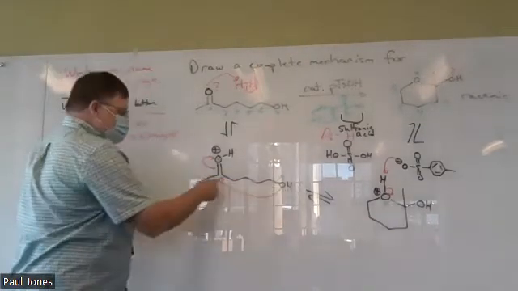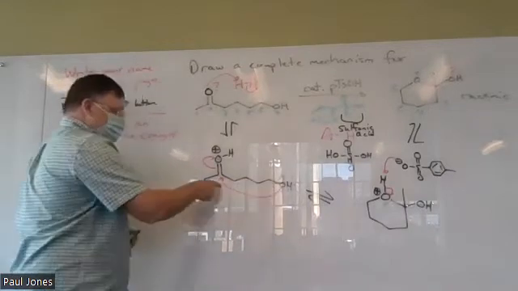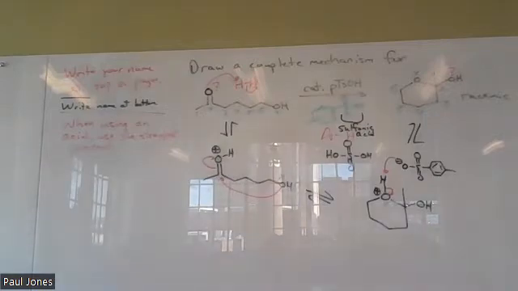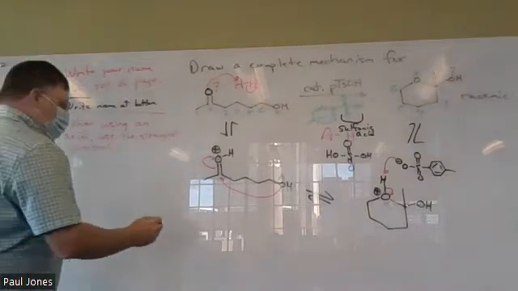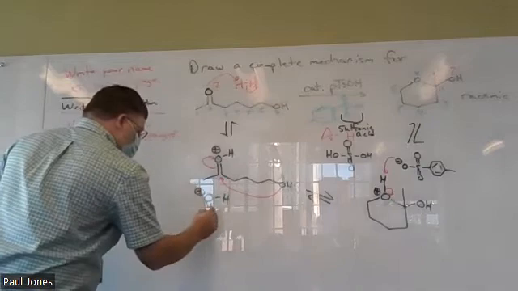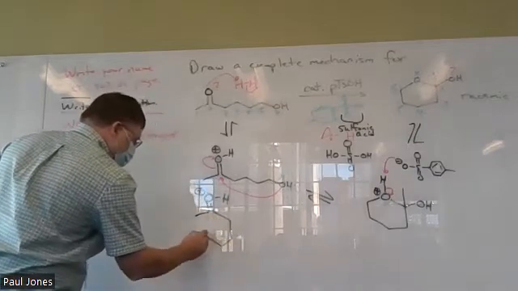Remember, this oxygen does not attack this carbonyl by like throwing a Hail Mary pass, right? That long arrow is not saying the electrons alone go here. The molecule has to fold up. Bonds have to rotate.